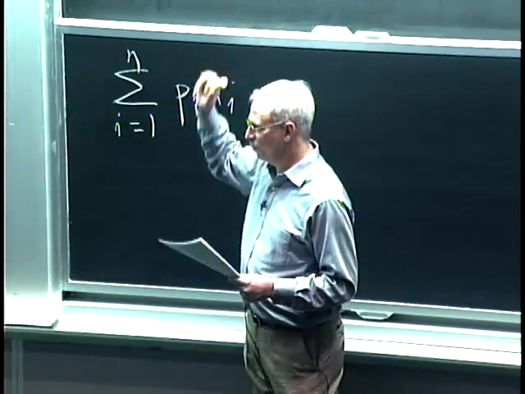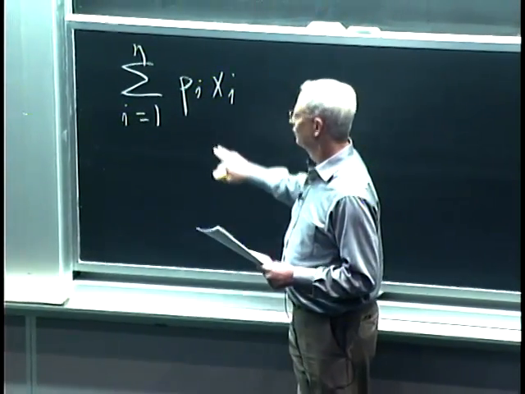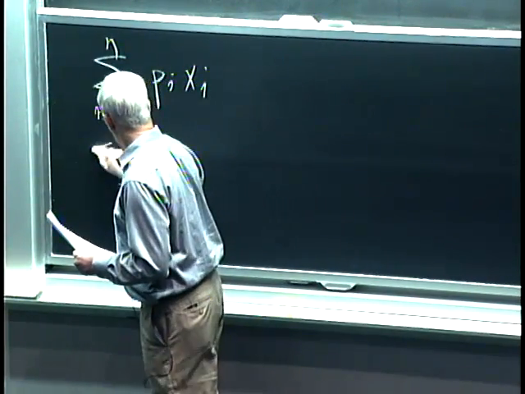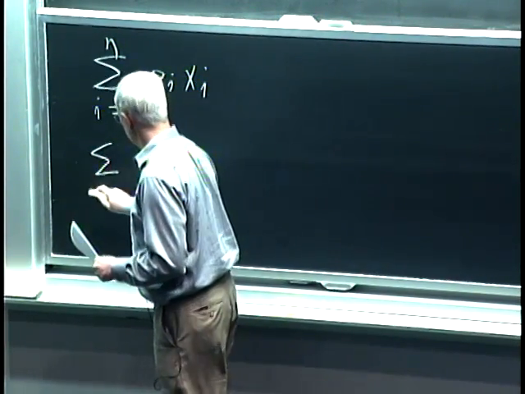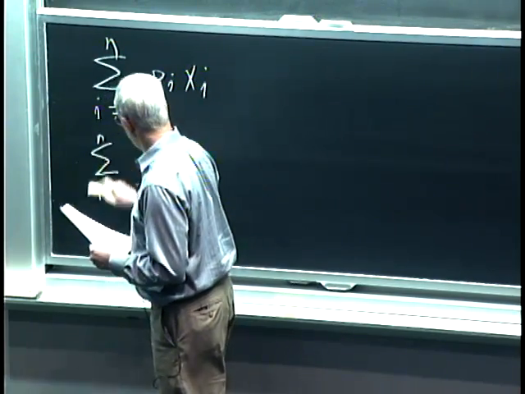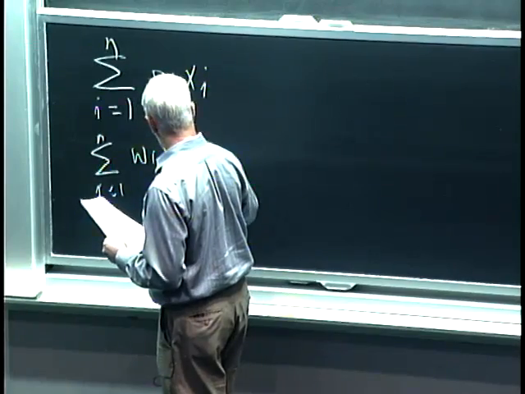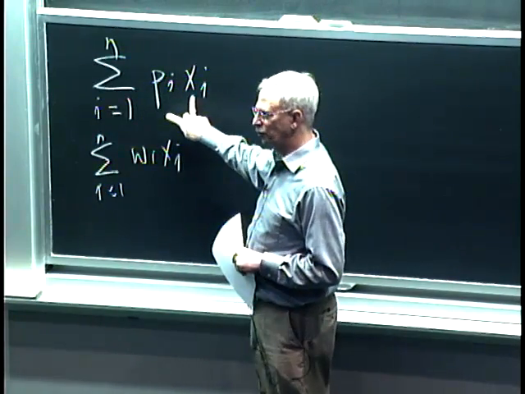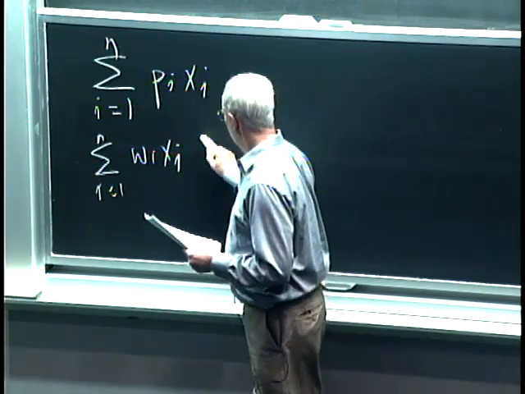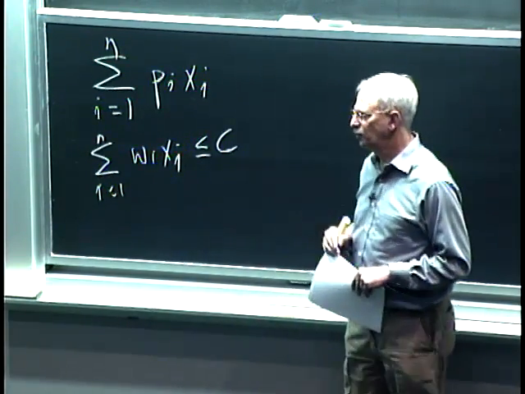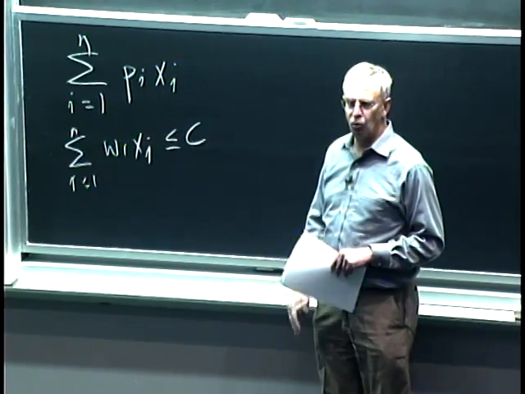Maybe it should be 0 to n minus 1, but we won't worry about that. And we had to do it subject to the constraint that the sum from 1 to n of the weight sub i times x sub i, where x is 0 if the item was out and 1 if it was in, was less than or equal to the cost, which was the maximum allowable weight.